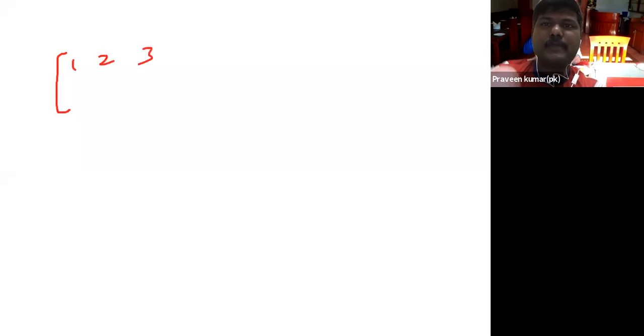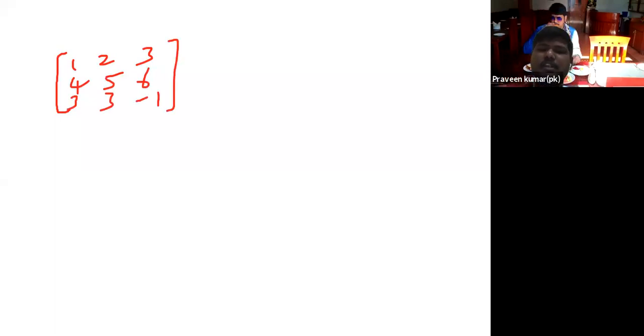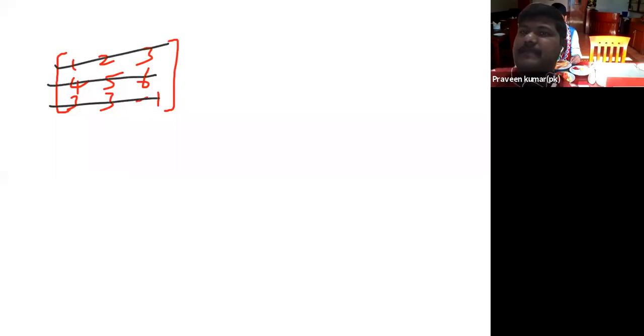1, 2, 3, 4, 5, 6, 3, 3 minus 1. What is the order of this particular matrix? How many rows are there? Once again, I'm repeating to you. First we are representing rows. 1, 2, 3. 3 rows are there.